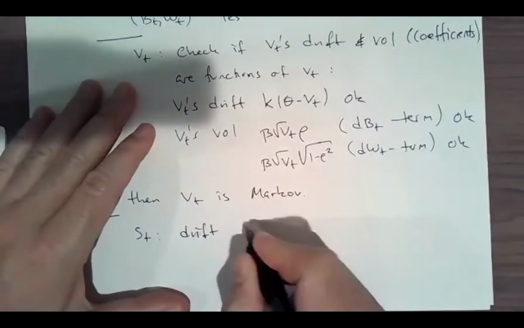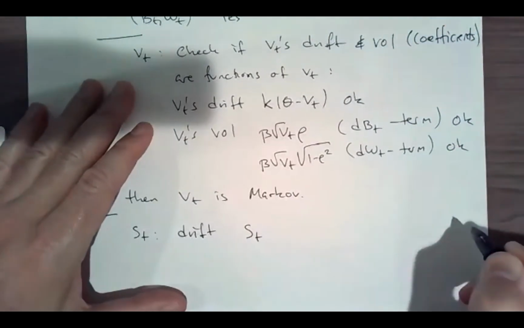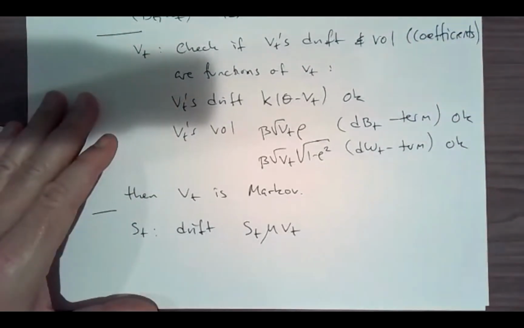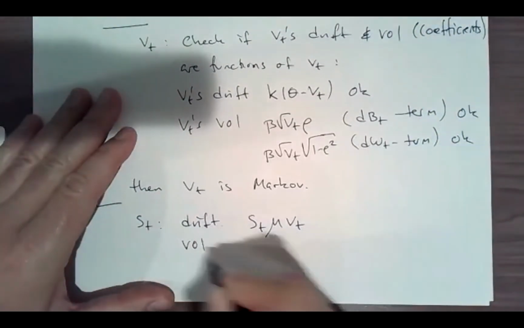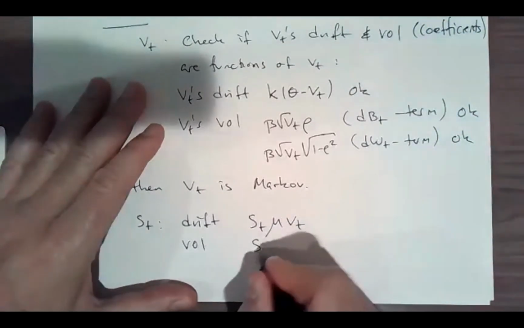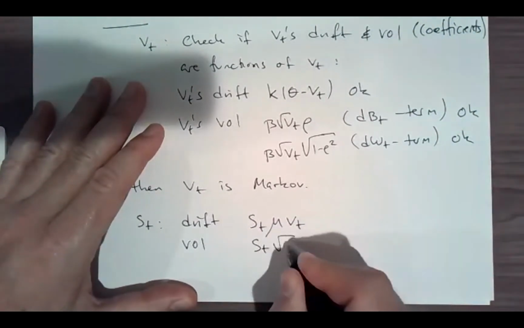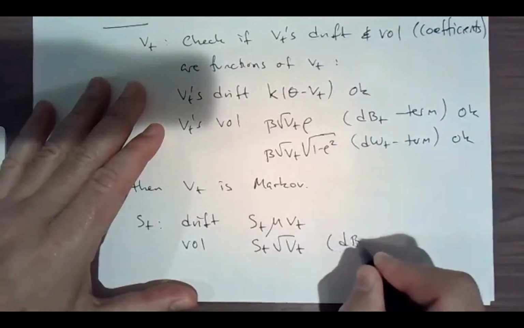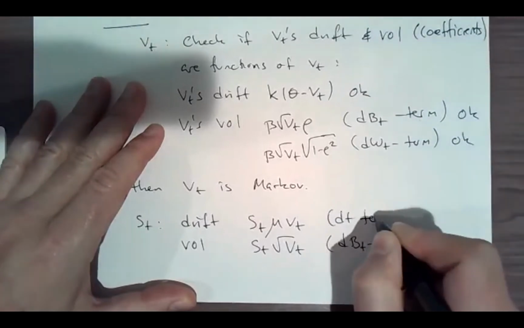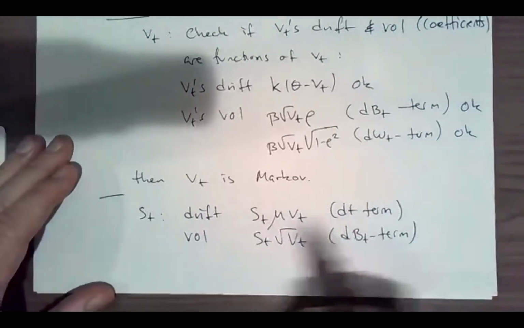The drift was ST mu VT, and the vol was ST root VT. This was the dBT term. Is this just a function of ST?